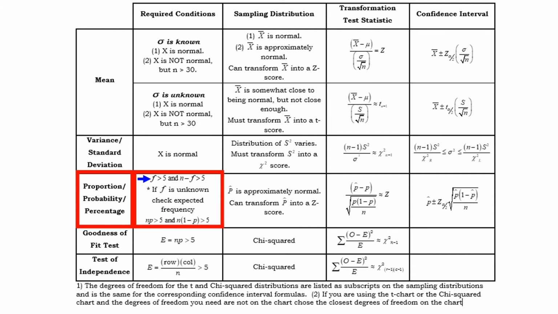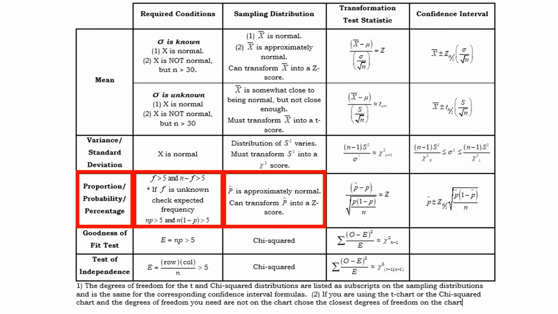So we have more than 5 that do and do not fall into our category. So we're good to go there. Because we have enough representation of being in and out of our category, P hat is approximately normal, which means we can transform P hat into a z-score, which we are going to do in our hypothesis testing.